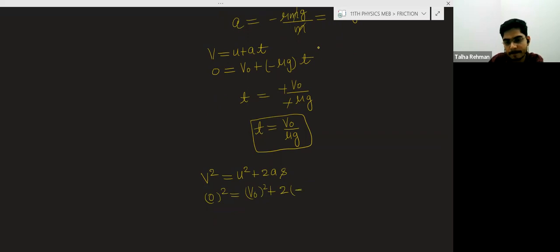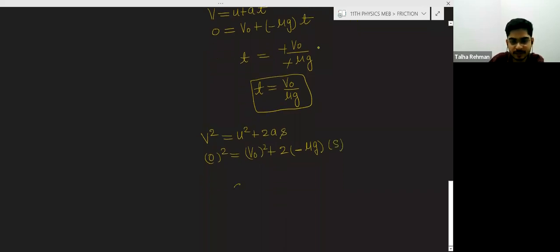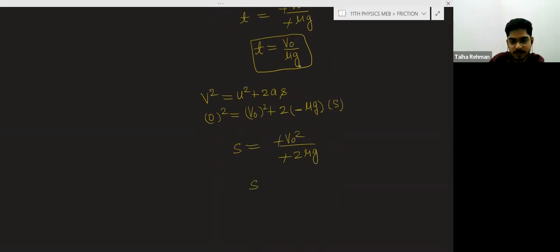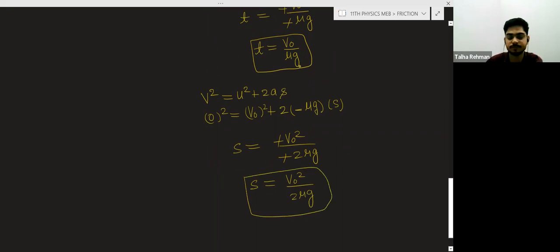Acceleration is minus mu g, and displacement we want to find. So this will become minus v naught square divided by minus 2 mu g, and the minus signs will cancel out. The displacement of the block will be v naught square divided by 2 mu g.